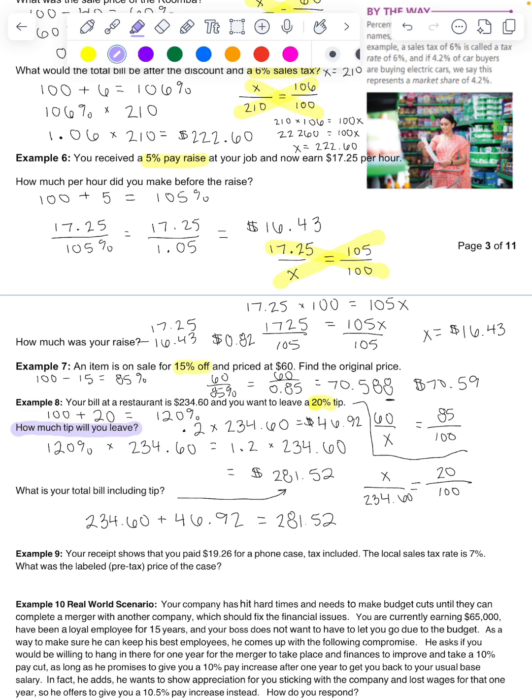Again, if you prefer to solve it with a proportion, I'm going to let you do that on your own. For the second part, the proportion would be extremely similar, except to find the total bill, I would change that 20 into 120. Again, the X is going to be up there because I'm trying to find what 120% of my original bill is.